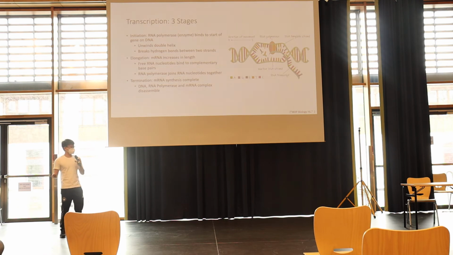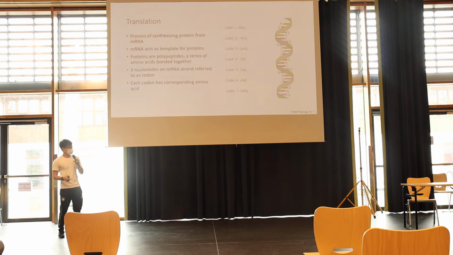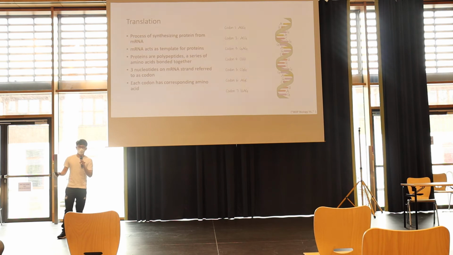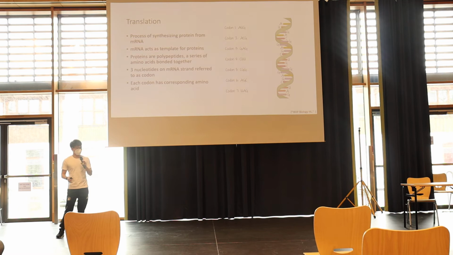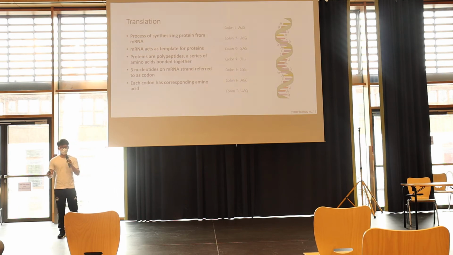After this, the DNA has been copied onto the mRNA strand. Termination occurs where the DNA, RNA polymerase, and mRNA separate. The mRNA is then used in the process of translation, where proteins are synthesized from the mRNA strand.